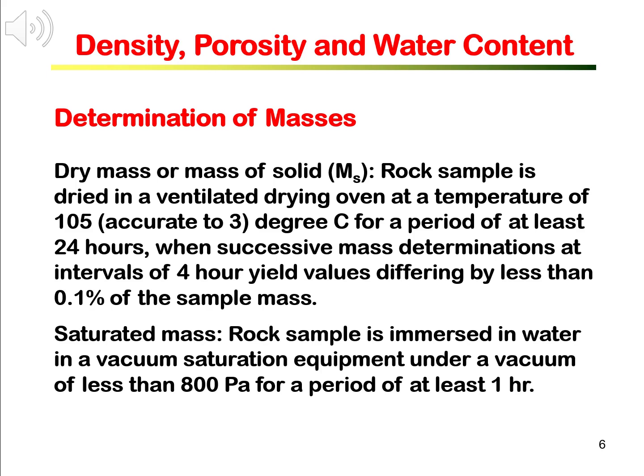The temperature needs to be maintained at 105 degrees C within plus or minus 3 degrees C. The sample is then measured every 4 hours until the change in mass is less than 0.1%.